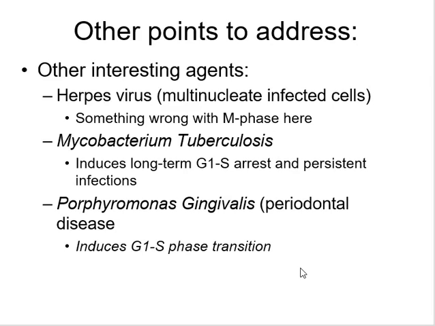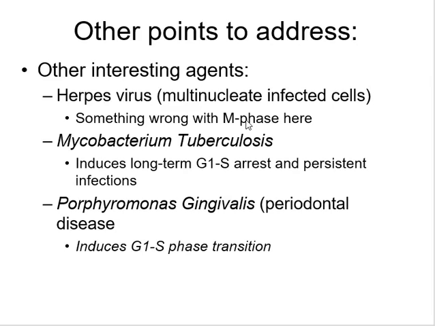Nice examples that you might want to look at would be herpes simplex virus. These are really interesting because you end up with multinucleated cells here, so there's clearly something going wrong with M phase, where the DNA seems to replicate. You end up with two separate nuclei, but then you don't get cytokinesis forming. So you might want to look into how the herpes virus does that.